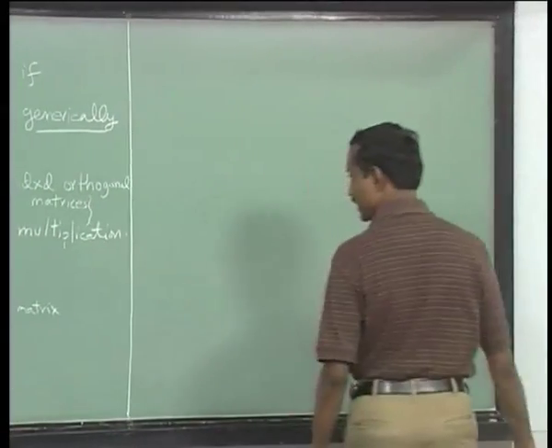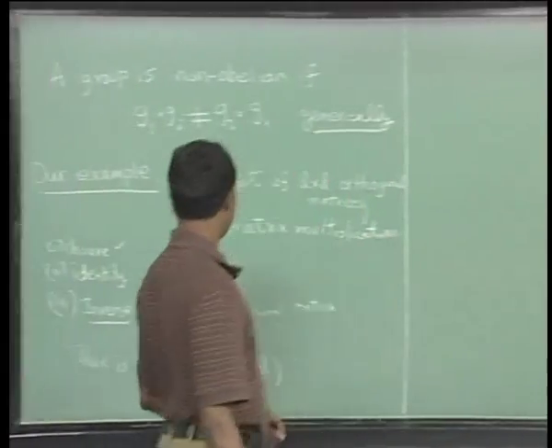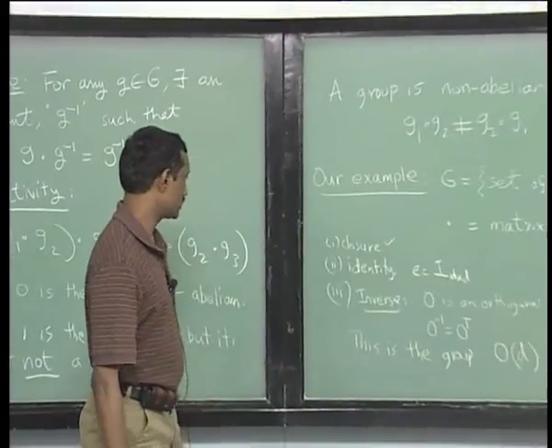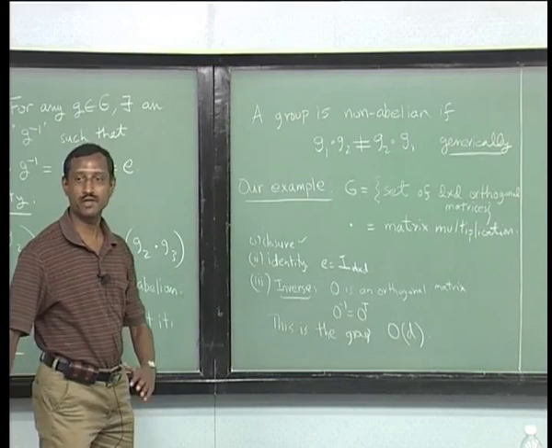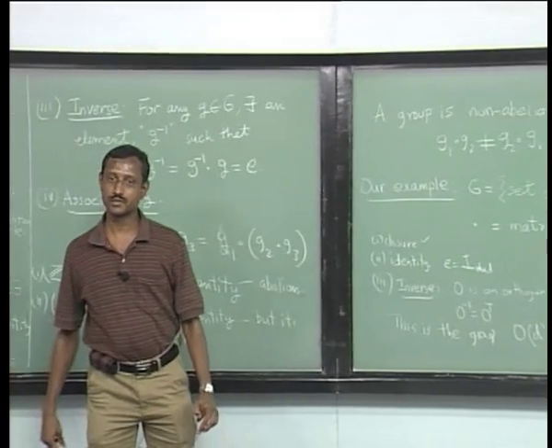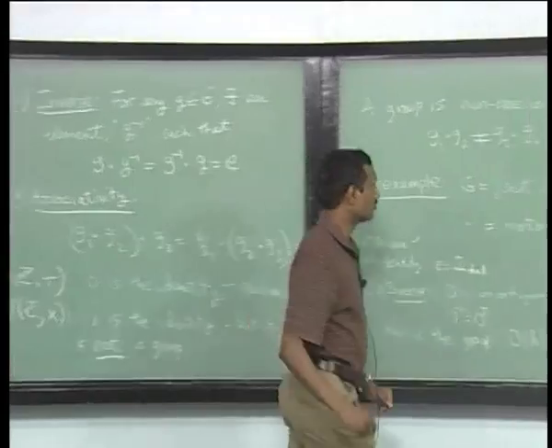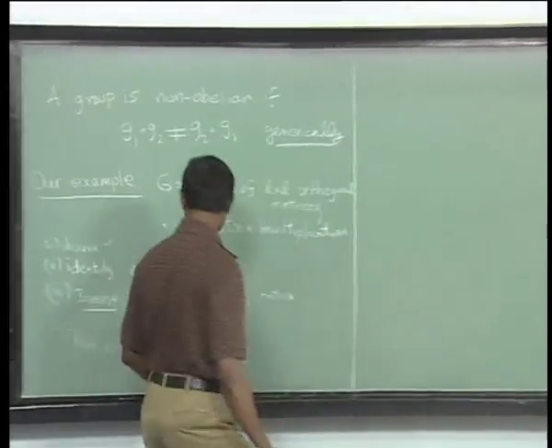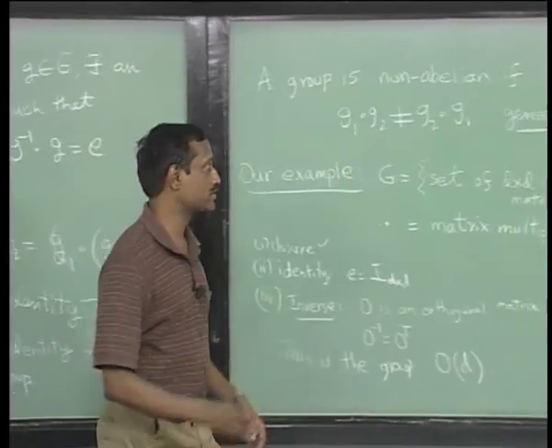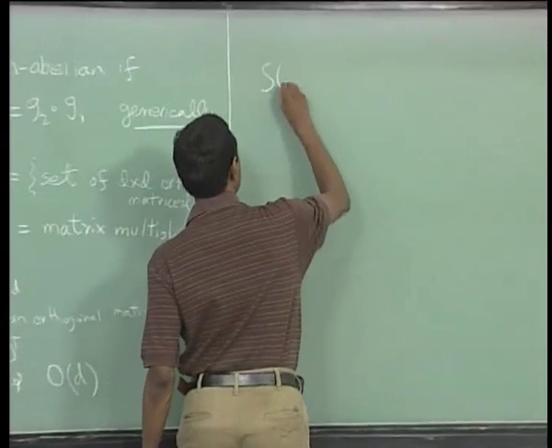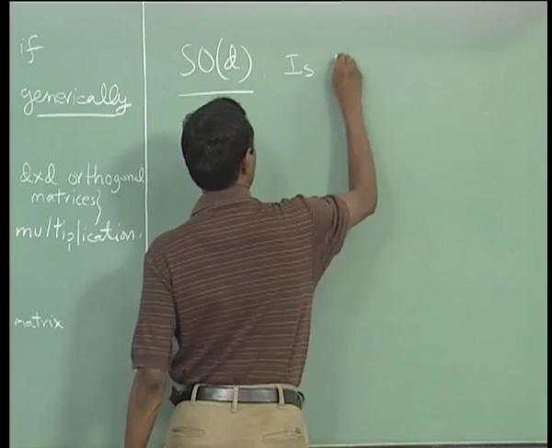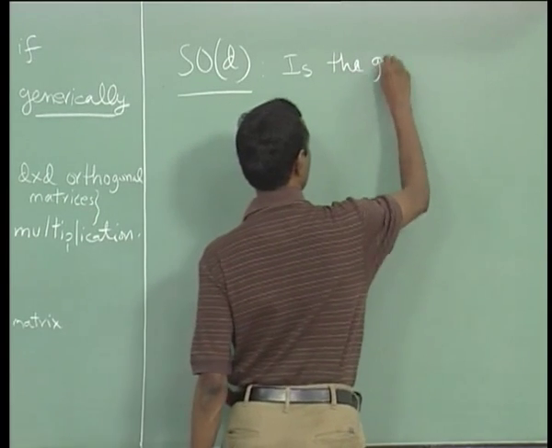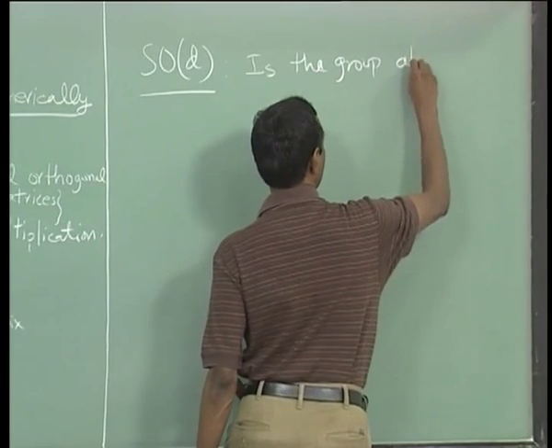Okay. And is there anything else I want to say about this? Associativity follows from associativity of matrix multiplication. Good. So now the question is, is the group abelian or non-abelian? So let us just choose SOD, and the question is, is the group abelian?